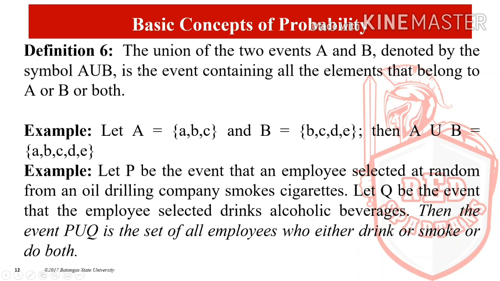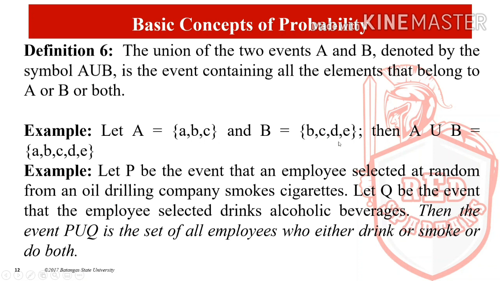Then, definition 6. So, the union of the two events A and B denoted by the symbol A union B is the event containing all the elements that belong to A or B or both. So, for example, let event A is equal to A, B, C and B is equal to B, C, D, E. So, then, A union B is equal to yung lahat.